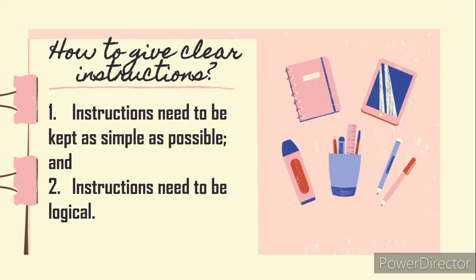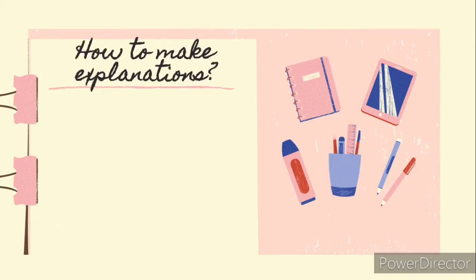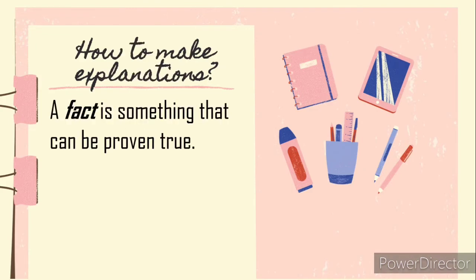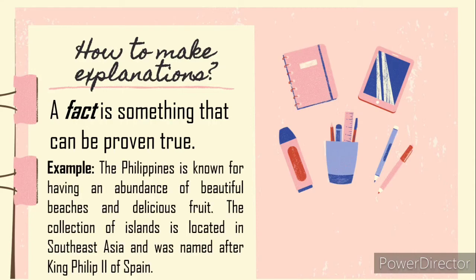On the other hand, how do we make explanations? In making explanations, I want you to always consider whether a statement is a fact or an opinion. A fact is something that can be proven true. For example, the Philippines is known for having an abundance of beautiful beaches and delicious fruit.